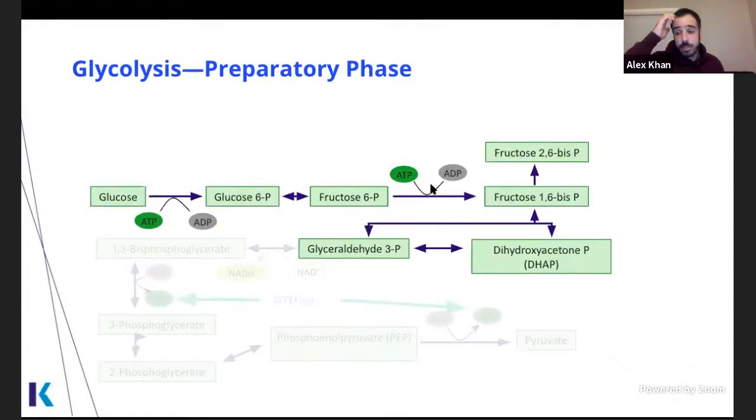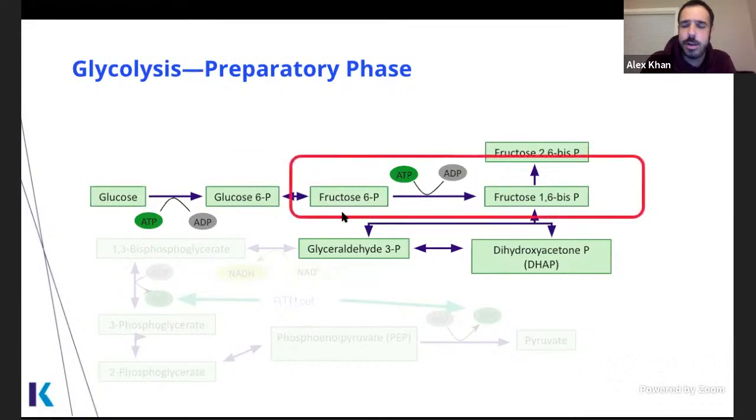Right. So that's the first step here. Glucose 6-phosphate gets turned into fructose 6-phosphate by an isomerase. We're not going to focus on that because there's not too much of interest there, it's a reversible process. We're going to draw our attention to the next step, the conversion of fructose 6-phosphate to fructose 1,6-bisphosphate. Why are we focusing on this?